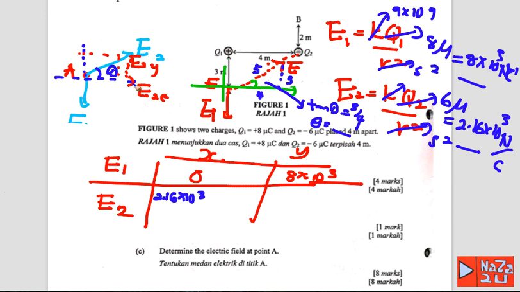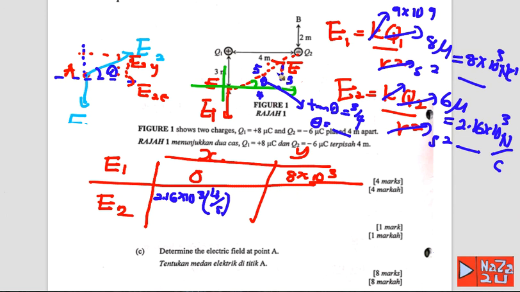Because this is theta, cos theta is equal to 4 over 5, right?